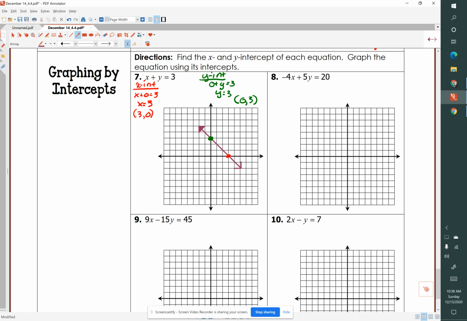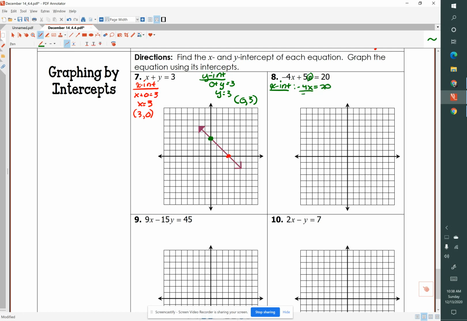Okay, let's do number 8. So the x-intercept would be, well, if I set y to 0, I would have negative 4x equals 20.